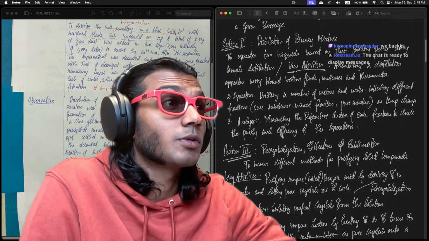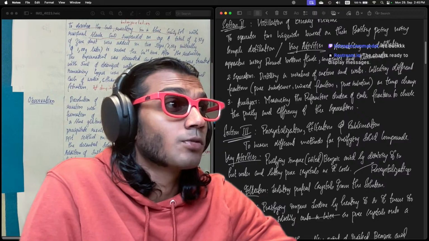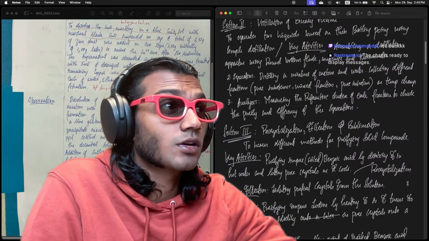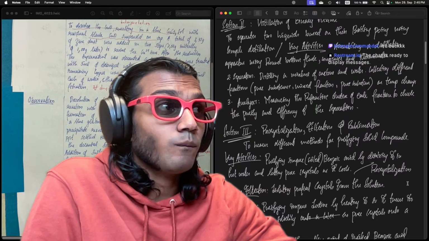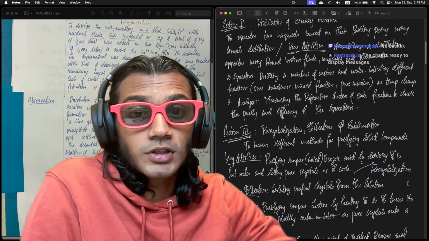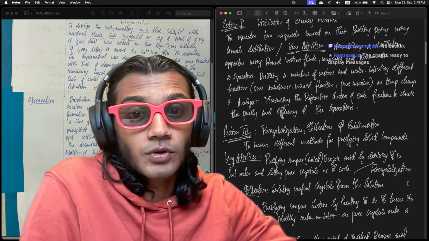Recrystallization, filtration, and sublimation to learn different methods for purifying solid compounds. Key activities: purifying impure solid benzoic acid by dissolving it in hot water and letting pure crystals form. What was the principle of recrystallization?